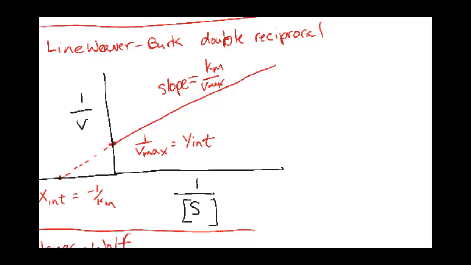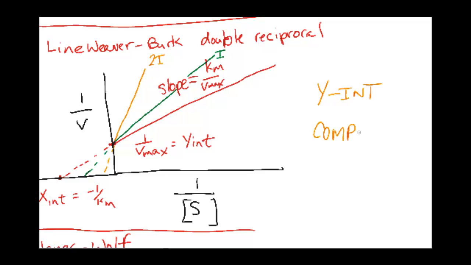For instance, if I were to give you the example of here, and let's say I added some amount of inhibitor, got that line there with this x-intercept, and then added some other amount of inhibitor, twice the amount I initially added, and got that one. Well, that right there, because they're all going through the same y-intercept, would be indicative of competitive inhibition.